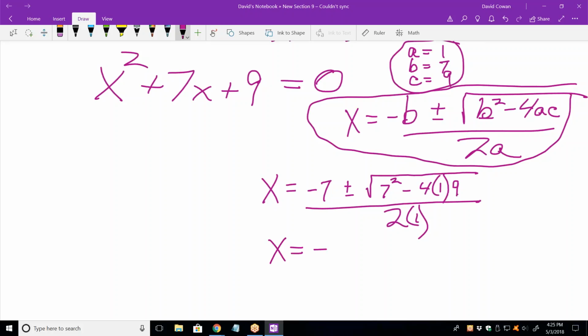Now let's simplify that. Negative 7 plus or minus, what's everything in this radical end up being? Sorry, one second, trying to find my graphing calculator. You don't need it. What's 4 times 9?